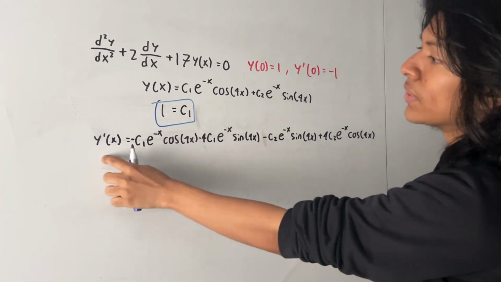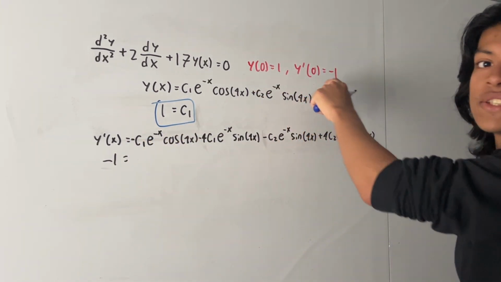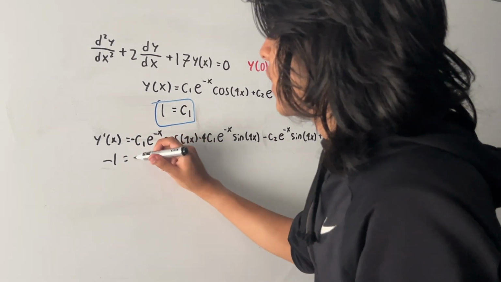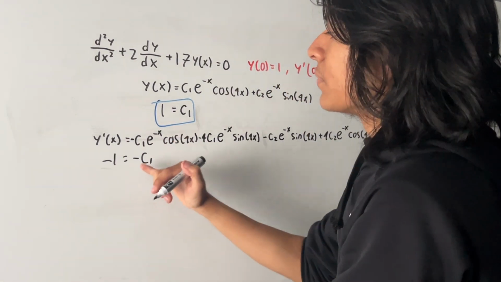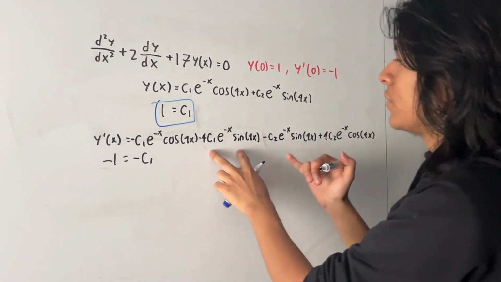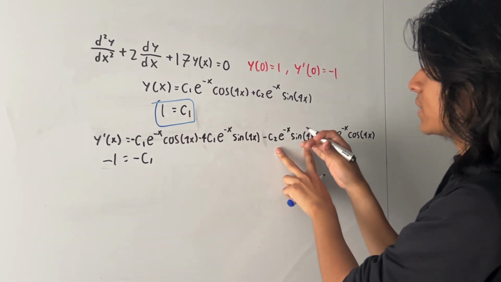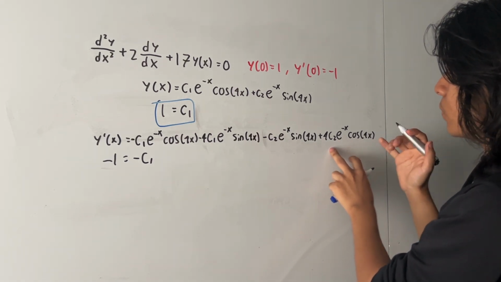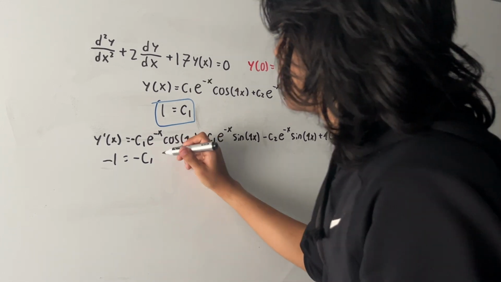So we get negative 1 on the left side of the equal sign, and all of our x's turn into 0. For this term right here, we're just going to be left with negative c1. For this term right here, if x is 0, it goes away. Same thing with this one, it goes away. And then for this part, if x is 0, we're just going to be left with plus 4c2.